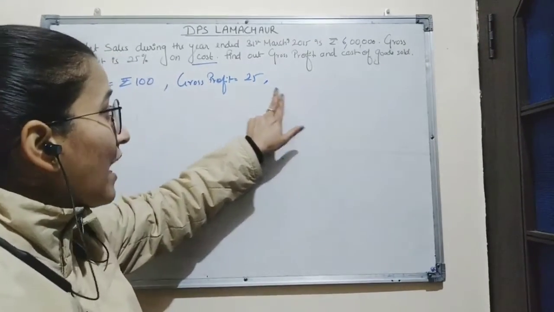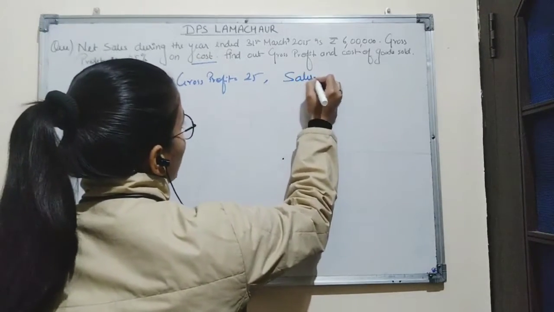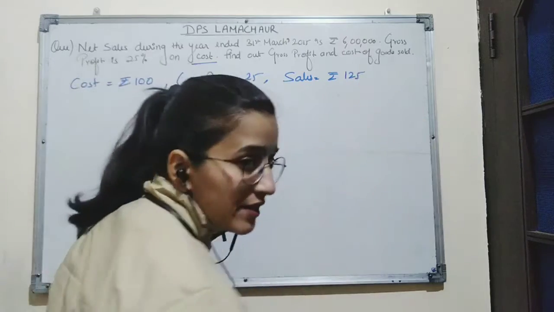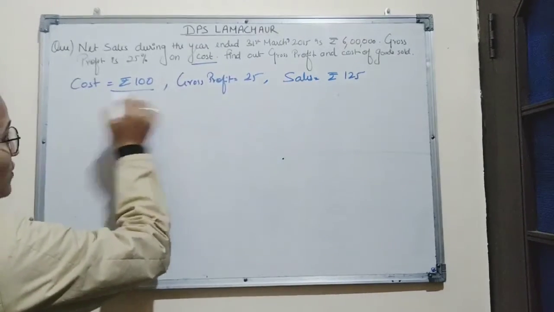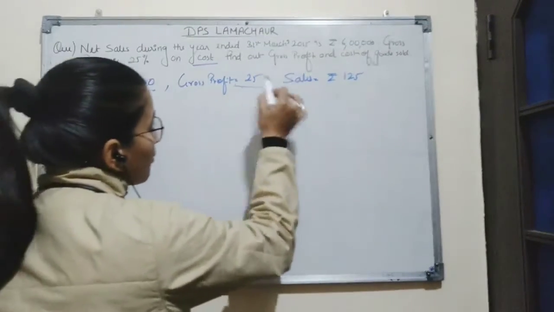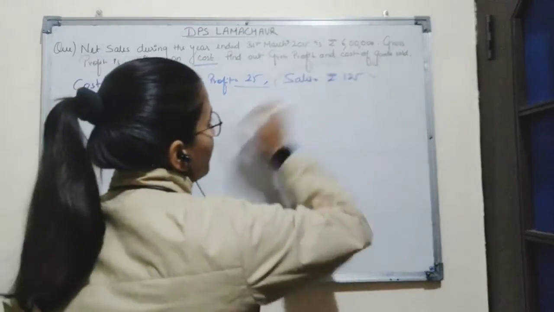Now, if the cost of goods is rupees 100 and we are getting a profit of rupees 25 on such cost, that means the goods have been sold for the amount of rupees 125.